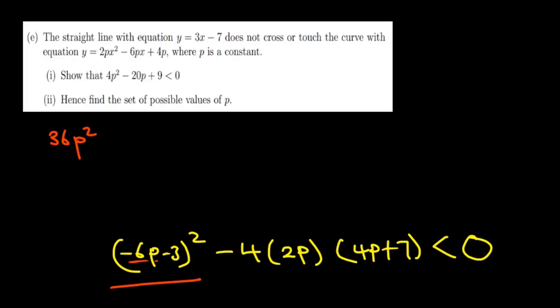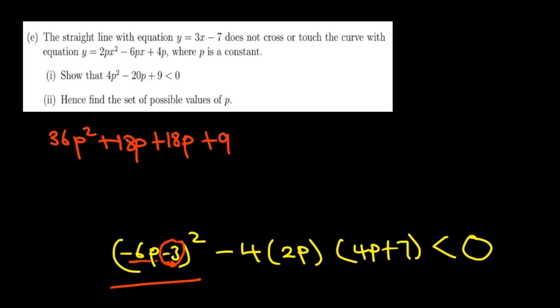Minus 6p multiplied by minus 3, I'm going to have plus 18p. Then this minus 3 multiplied by minus 6p, I'm going to get plus 18p. And then minus 3 multiplied by itself, I'm going to get plus 9.